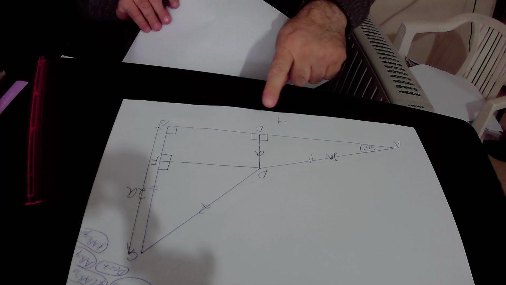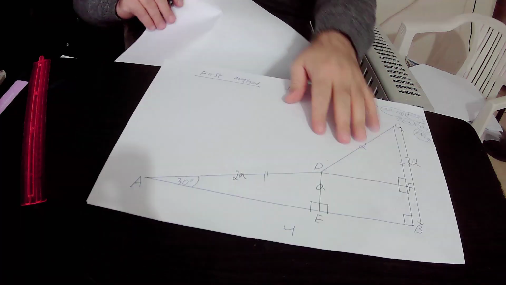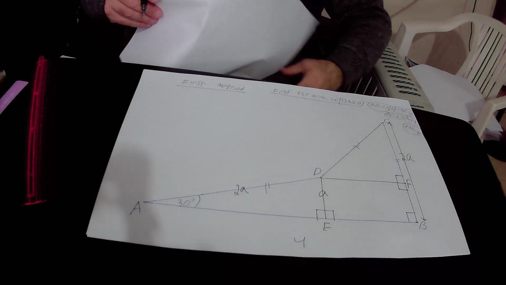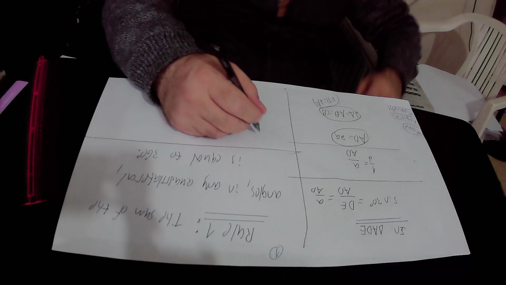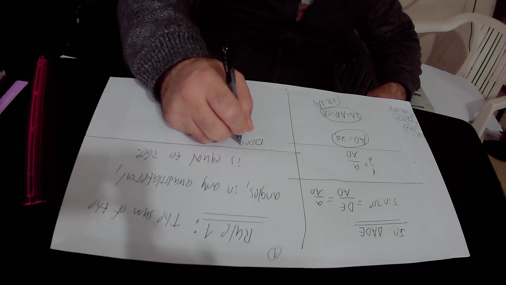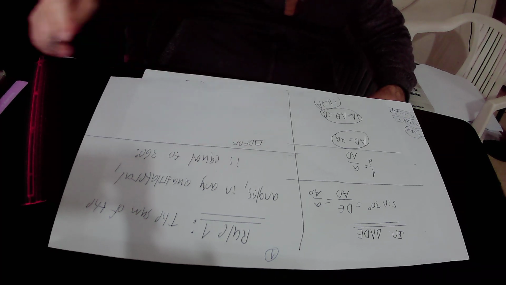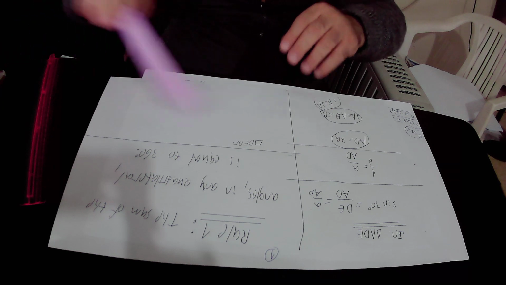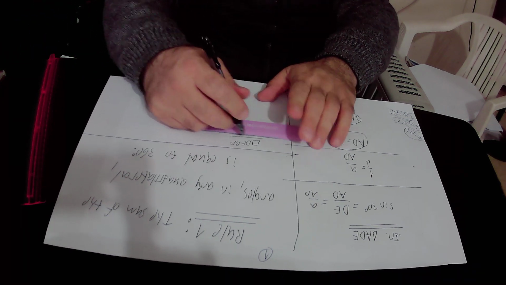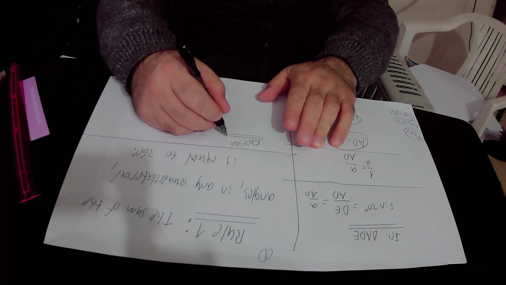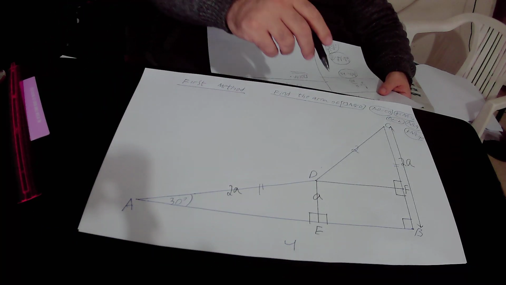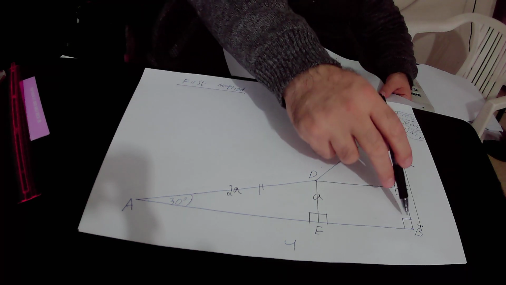We will focus on quadrilateral DEBF. In quadrilateral DEBF, we have 3 right angles, 1, 2, 3.